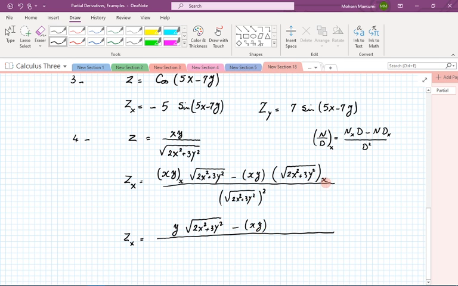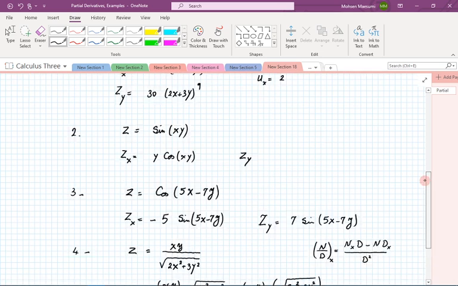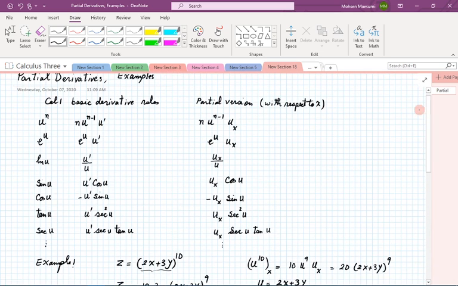I want to take a derivative of this radical. Maybe it's a good idea to put a particular example here. If I had a square root of u, well, that would be u to the power of 1/2. The derivative of that is 1/2 u to the power of minus 1/2 times the derivative u prime.